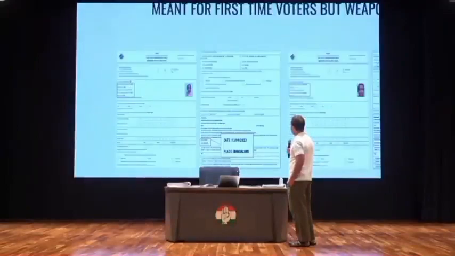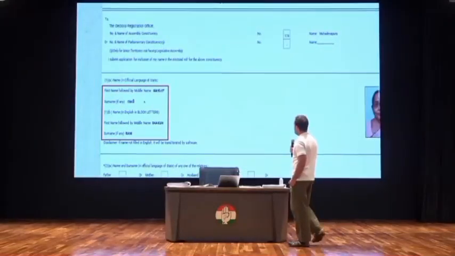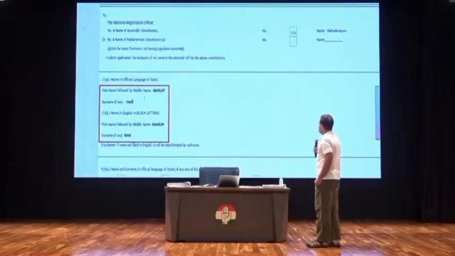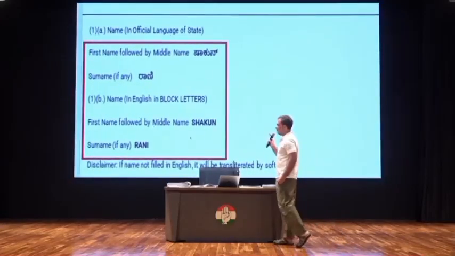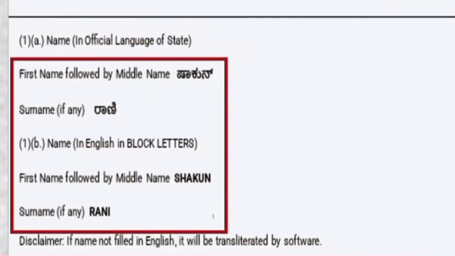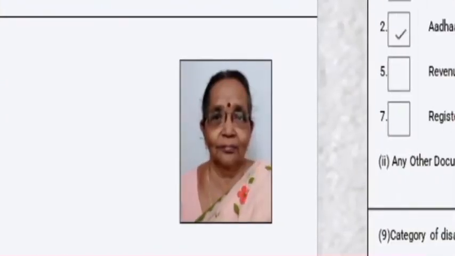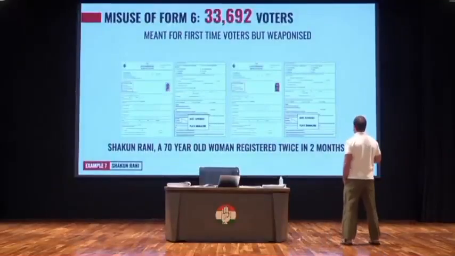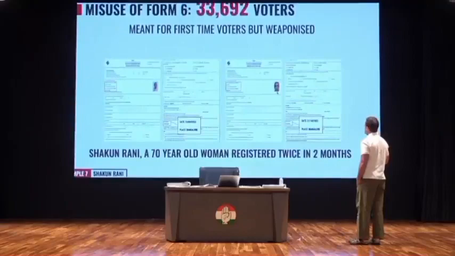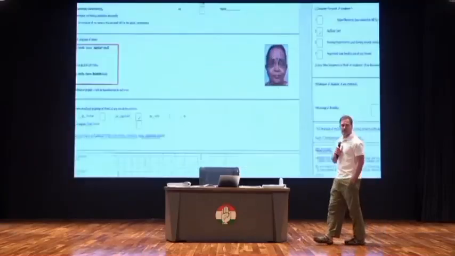Zoom into her name the first time. Here, first name Shakun, surname Rani. Right? Now look at the picture. That's a picture. Now go to the other picture. Look at the picture.